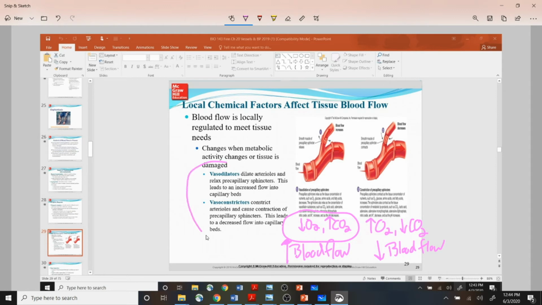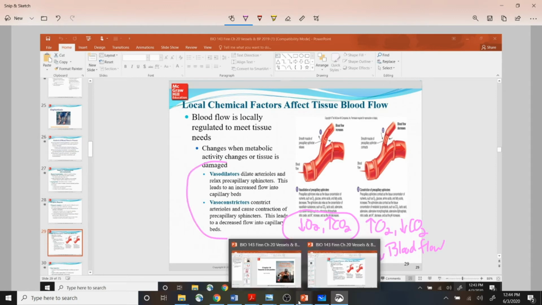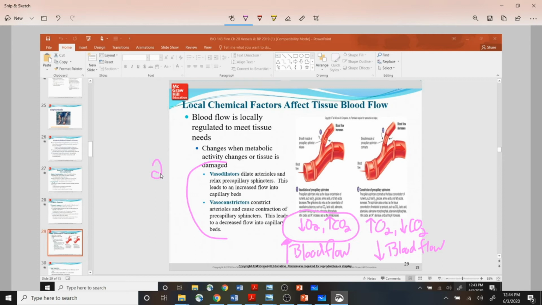Now, your book talks a little bit about this, but we're not going to look at it. Table 20.3 looks at all the local chemical vasodilators and local chemical vasoconstrictors that can cause what you see in this picture to occur also. But we're not going to look at all those, so you can read on your own. You'll probably talk about them when you move into your future nursing careers.